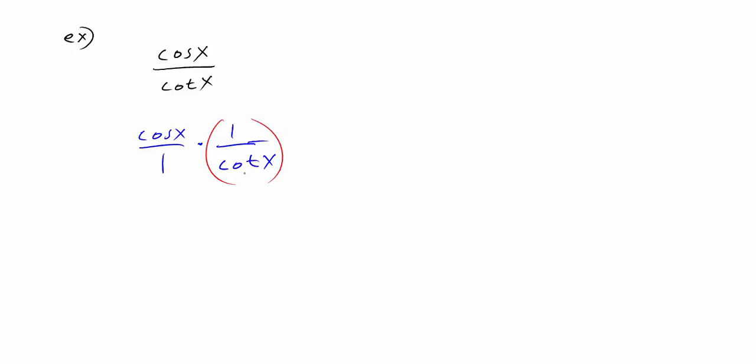And then if we look at 1 over cotangent, we could think of that as the reciprocal identity, which would then be the tangent. So this would be 1 over cotangent is equal to the tangent of x. So we could simply just write that as tangent over 1.